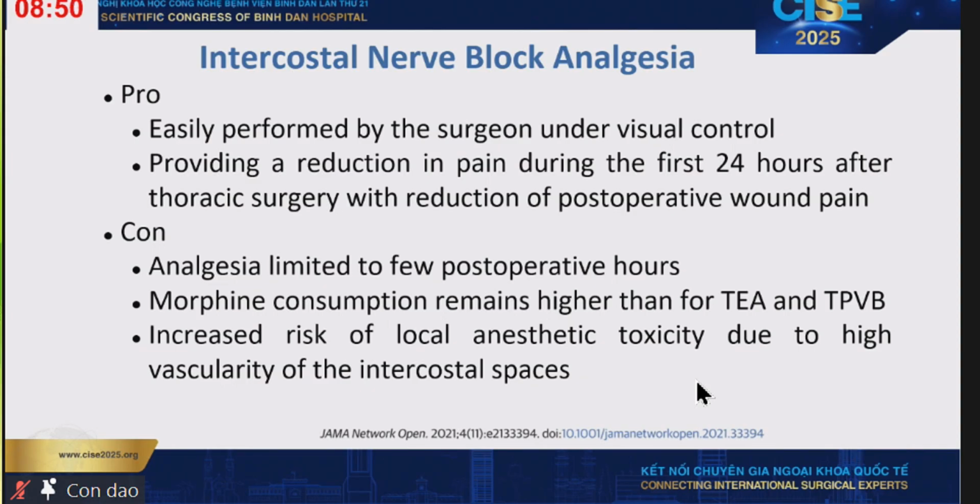However, opioid consumption remains higher than with erector spinae plane blocks or paravertebral blocks. There is also an increased risk of local anesthetic toxicity due to the high vascularity of the intercostal space and systemic absorption.